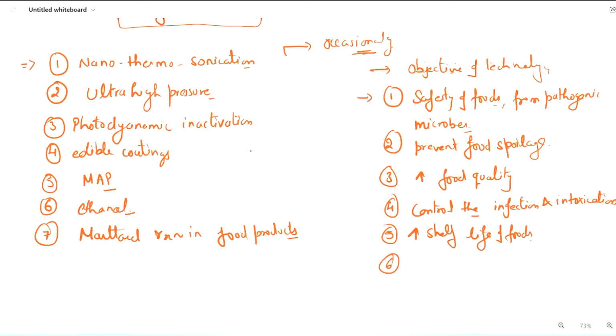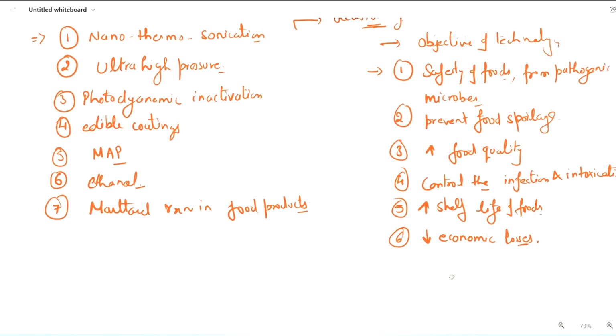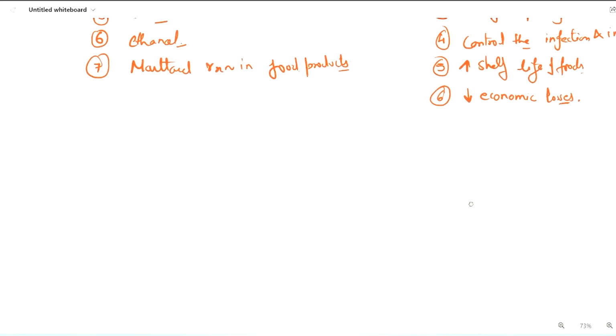And the next objective is to decrease economic losses all over the world. So these are the main objectives of hurdle technology. This is the reason it has been incorporated.